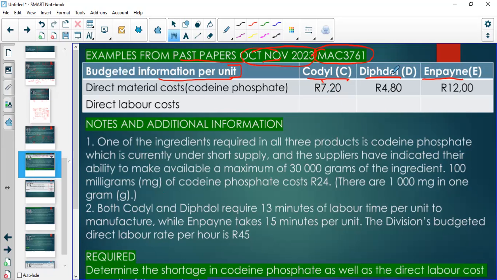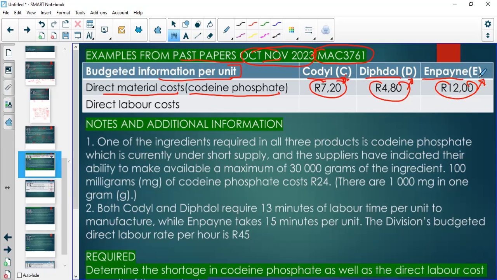These are the products: Product C, D, and E. And we are looking at direct material costs. We had more than one ingredient, so this is one of the ingredients. That ingredient costs 7 Rand 20 per unit of C, 4 Rand 80 per unit of D, and 12 Rand per unit of E.